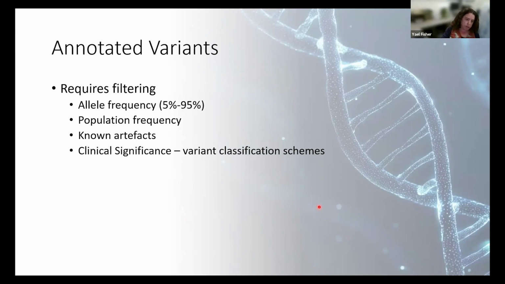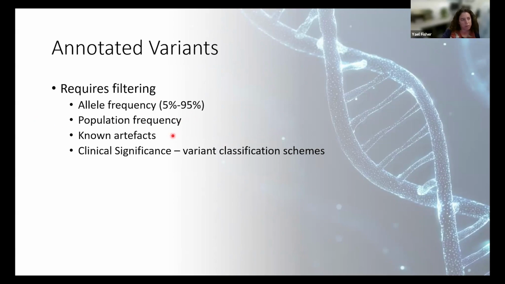And these are just a few suggestions on how to filter them. Of course, most pipelines do it in some way. So we want to look at variants that have an allelic frequency that is between 5 and 95%. Anything lower than 5, usually in most clinical assays, is not accurate, and over 95%, it might be just a polymorphism that is present in all of the person's cells, and it's not relevant for cancer.